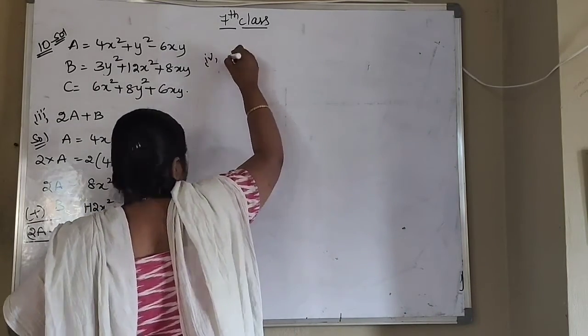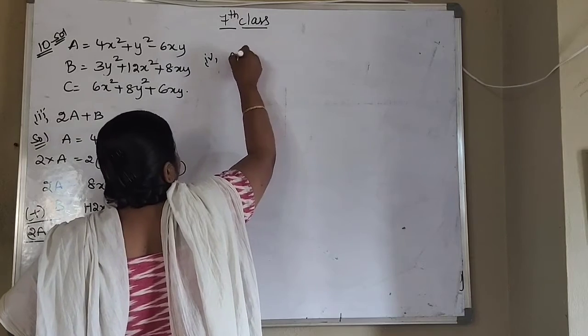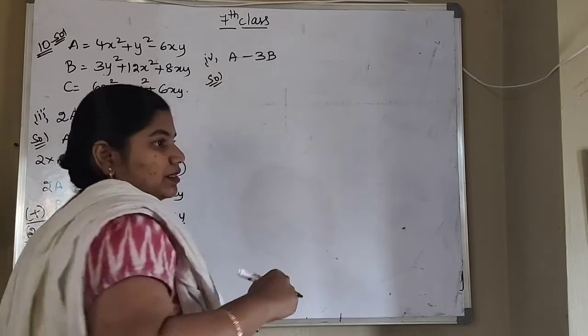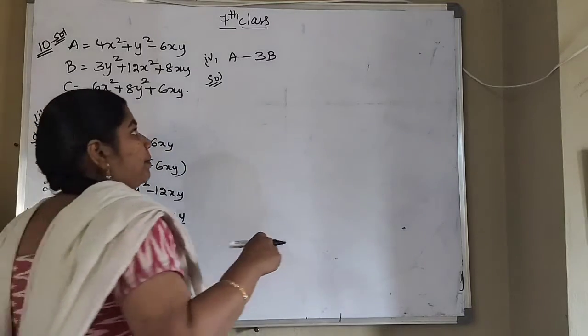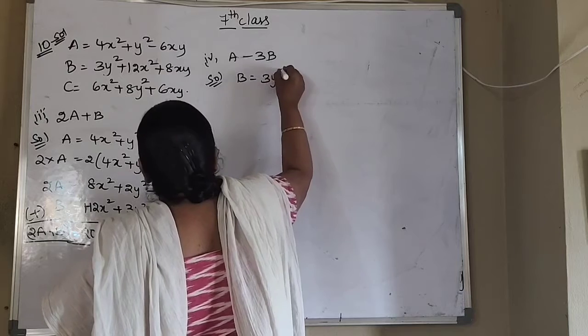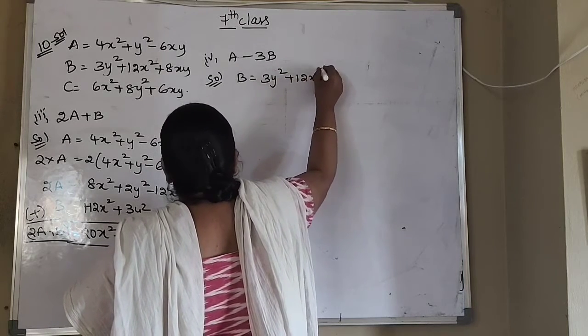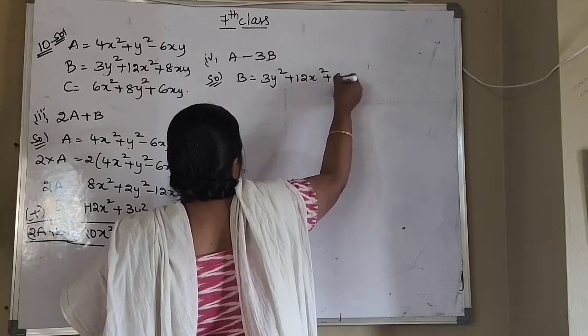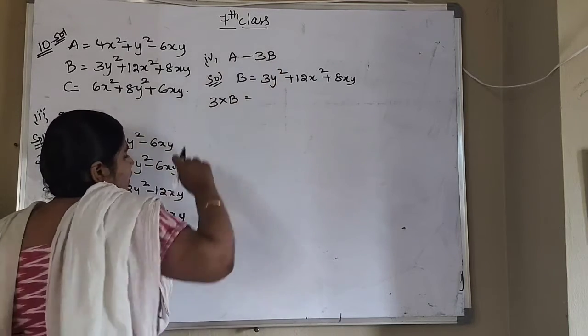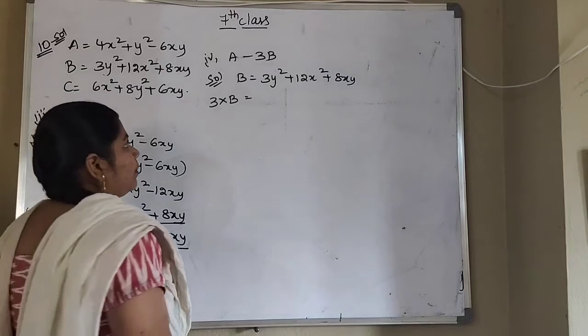Fourth question, that is A minus 3B. So A term we have to write as it is. For B you have to multiply 3 here. Okay, so what is B term? That is 3y square plus 12x square plus 8xy. So for this B we have to multiply which number? 3 number we have to multiply.